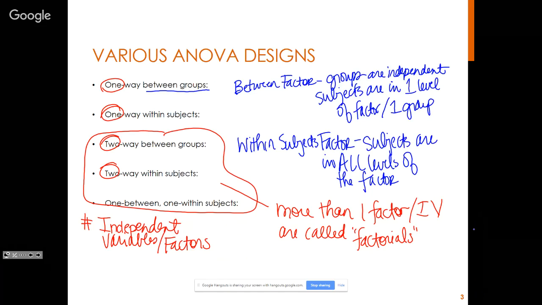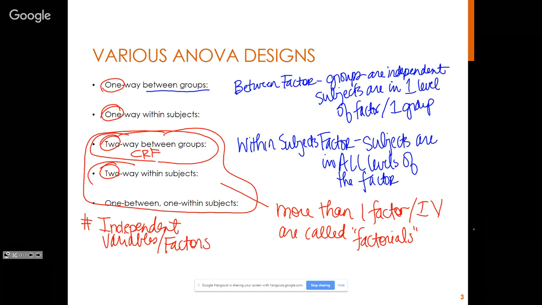So the completely randomized factorial is which one of these listed up here? Two-way between. So specifically, this one is the completely randomized factorial.